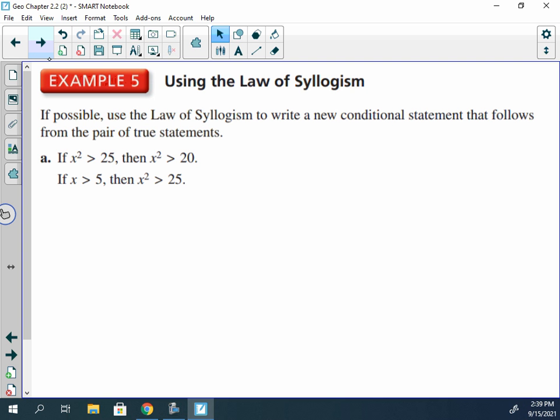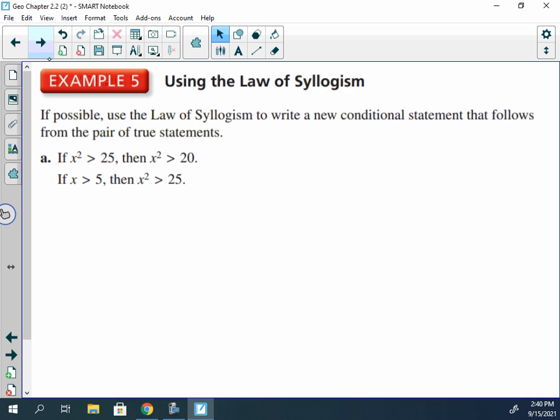Now we're going to look at using the law of syllogism. Now this is in your note sheet because it's on the back of the first page. If possible, use the law of syllogism to write a new conditional statement that follows from the pair of true statements. If x squared is greater than 25, then x squared is greater than 20.